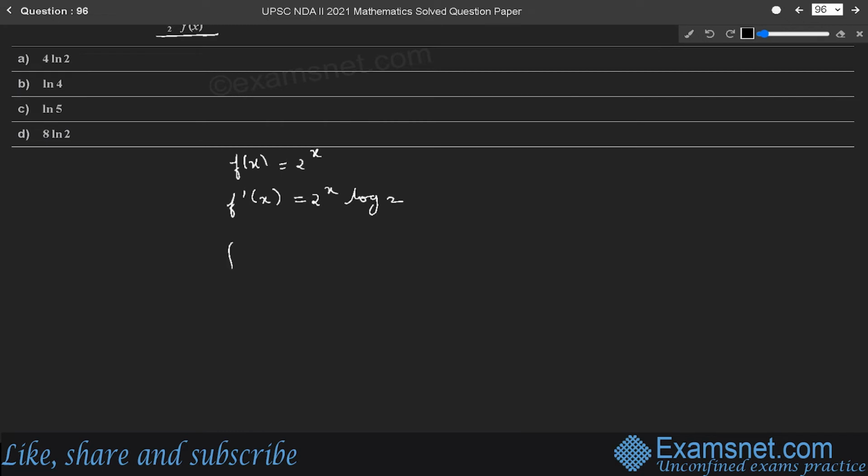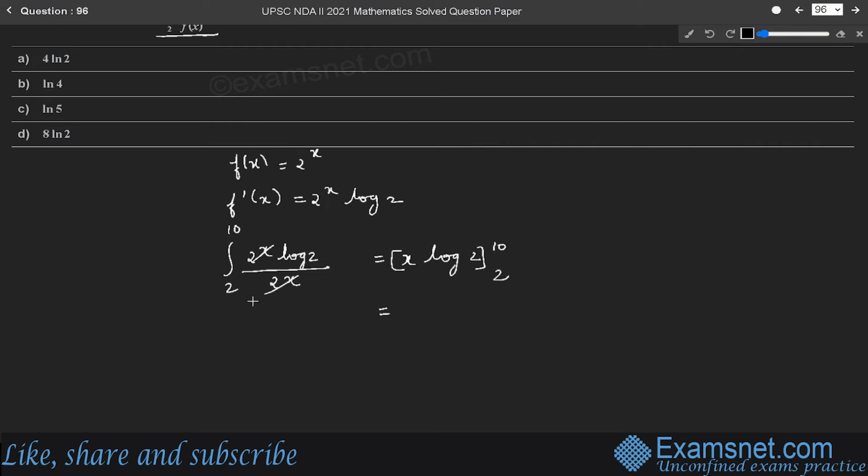So integration of 2 to 10 f dash x will be 2 to the power x log 2 upon f of x, which is 2 to the power x. 2 to the power x and 2 to the power x will be cancelled. So it will be integration of log 2, which is x log 2, and the limits are 2 to 10.